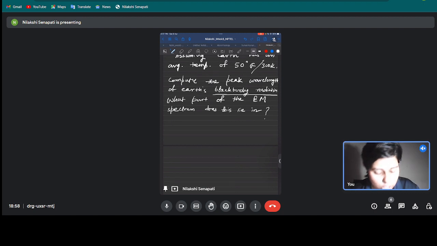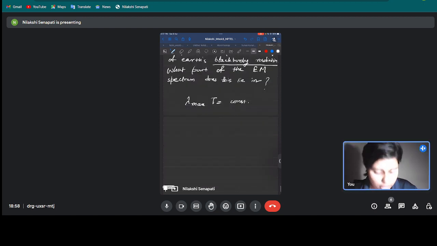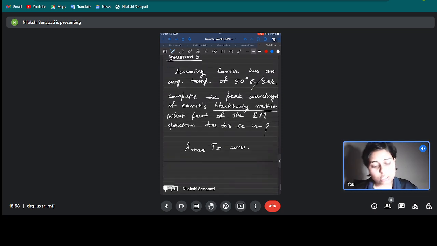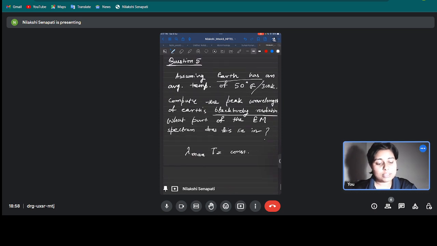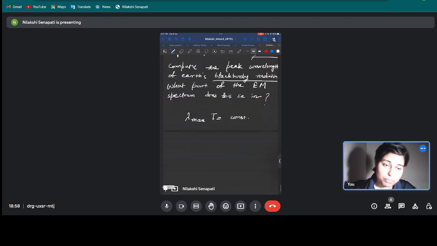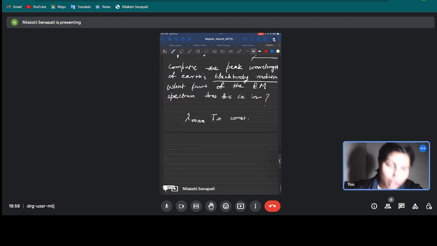And for black body radiation, we know this relation that lambda max T is equal to a constant. We know this now. So it is talked about Earth, we need to calculate the peak for the Earth radiation, if Earth is a black body.